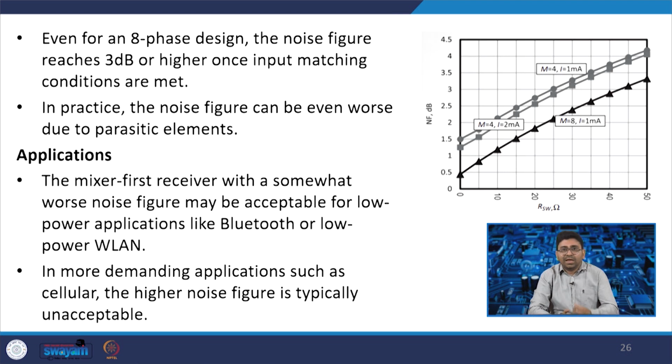Still, there are applications where we do not have the requirement of a very low noise figure. So the mixer first receiver with somewhat worse noise figure may be acceptable for low power applications like Bluetooth or low power WLAN. In more demanding applications such as cellular, the higher noise figure is typically unacceptable.